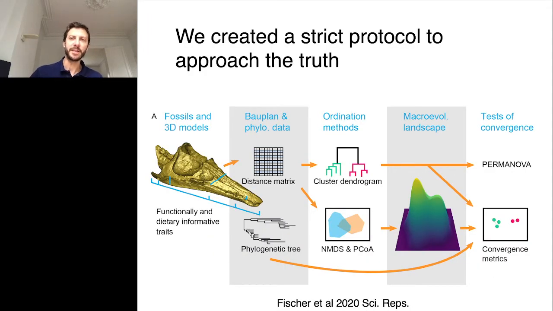So what we created is what I call a strict protocol, because our goal obviously is to approach the truth. We've been using our 3D models, but also measurements and pictures we've been taking by ourselves, mostly on all the possible taxa we could get nice data from. I want to stress here that all these measurements are functionally or dietary informative.